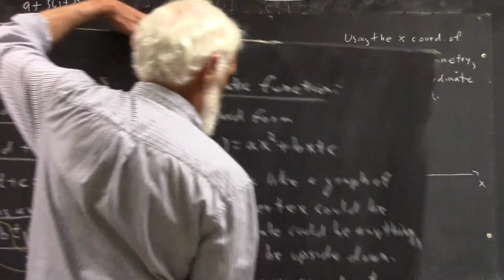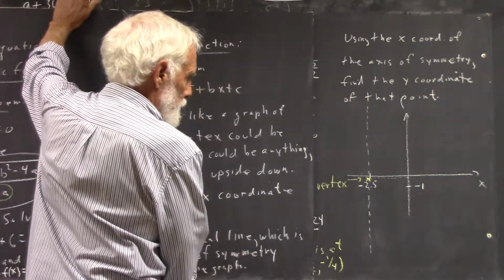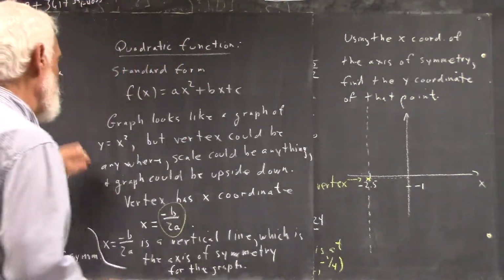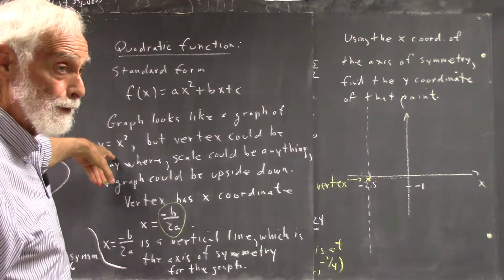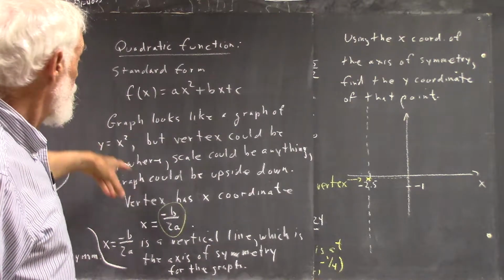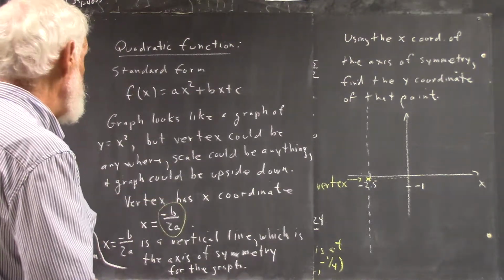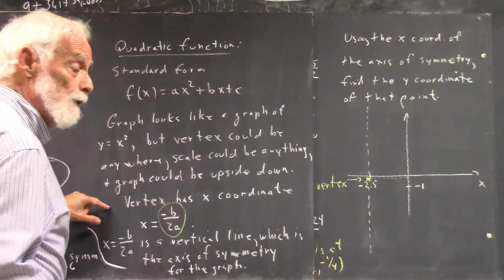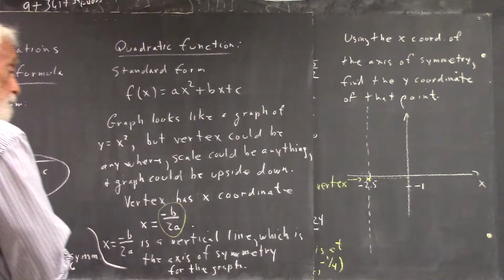Okay? Now the part that doesn't always make sense that I wouldn't expect you to conjecture for yourself is putting it together with my statement. The graph looks like a graph of y equals x squared. Okay? Now we know where the vertex is. Now the graph could be upside down, but it's going to look like a y equals x squared graph. Okay? So what could it look like?